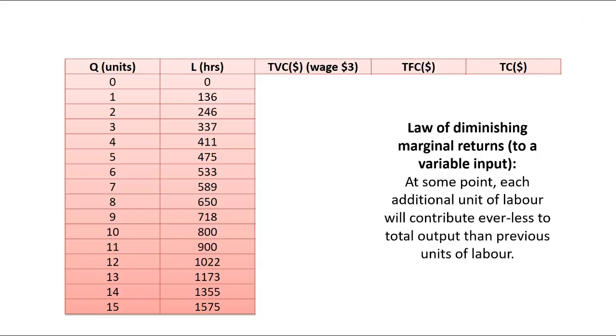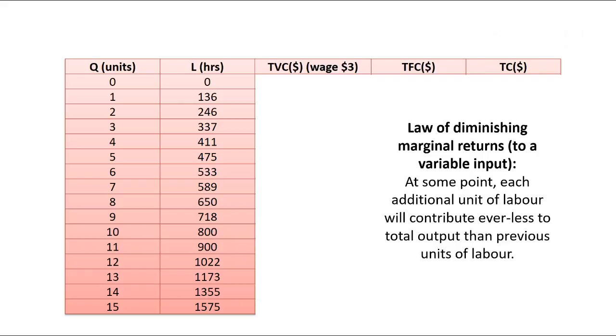And it's a law that only applies in the short run, when we're adding more of a variable input, labour, to a fixed input, machinery. The law states that at some point, each additional unit of labour will contribute ever less to the total output compared to previous units of labour.